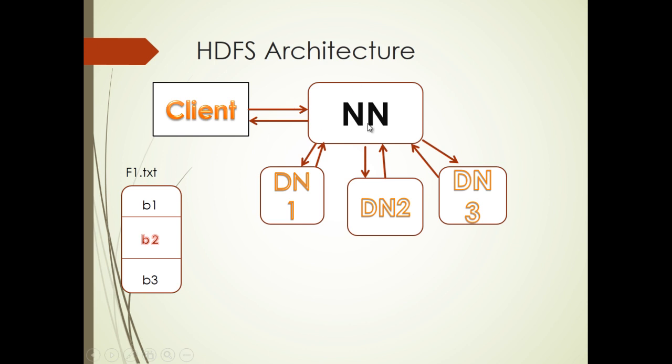The name node passes the same information to the client and gives some privileges and permissions in order to keep this file in HDFS, the Hadoop system. And what will the client do? The client will push the data into these data nodes. The data will be divided into blocks B1, B2, B3.